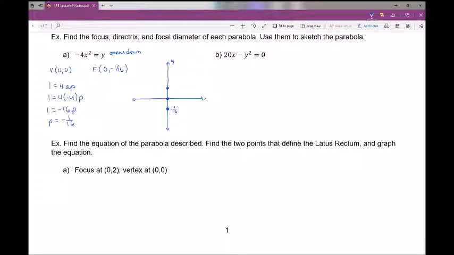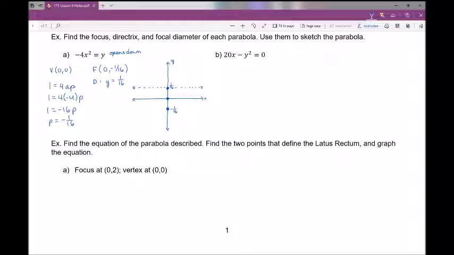So the directrix must be at positive 1/16. So this would be a dotted line at y equals 1/16. And it's really important to remember to write that as the equation of a line because you are dealing with a line and not a point. Okay? So now we have really everything we need to draw our picture.